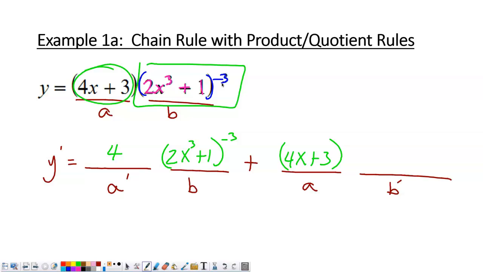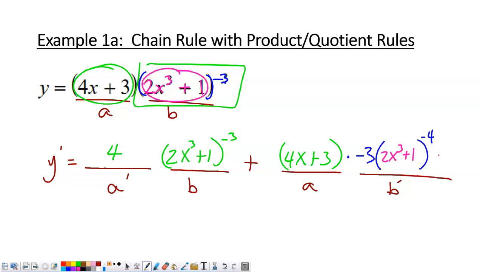So let's do the derivative of the outside first. I'm going to put the power to the front. I'm going to take 1 off of the power, so now it's even less, negative 4. And we don't change the inside, right? So the inside is going to stay as 2x cubed plus 1. And now we multiply that by the derivative of the inside.